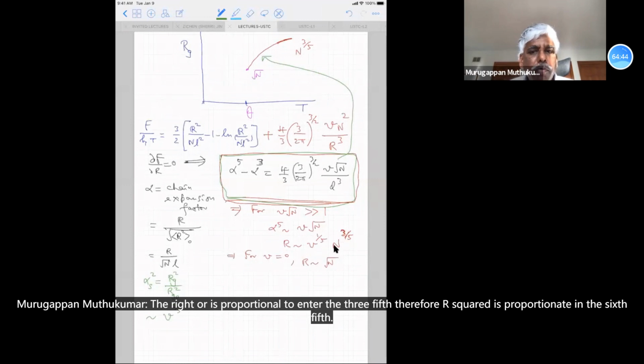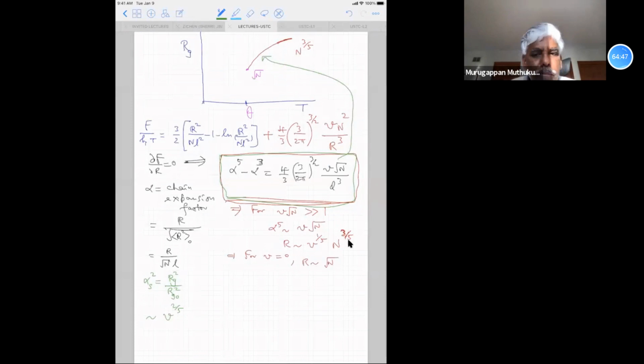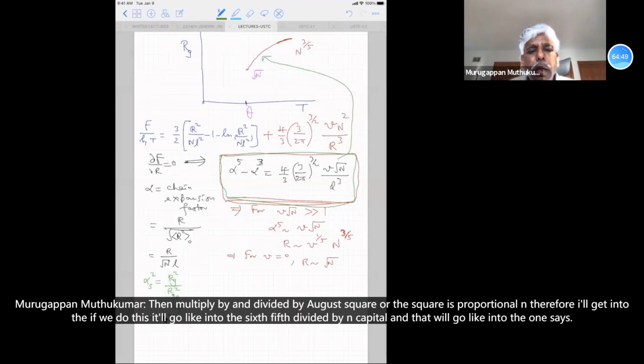Therefore, R squared is proportional to n to the 6/5. Then divide by RG squared, which is proportional to capital N. Therefore, it'll go like n to the 6/5 divided by n, so it'll go like n to the 1/5.